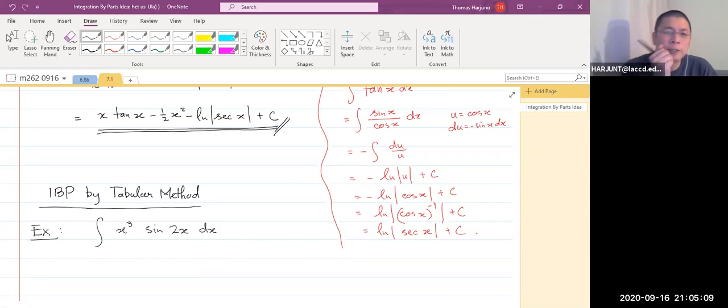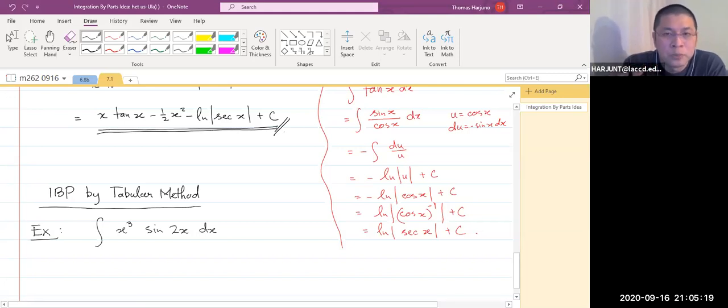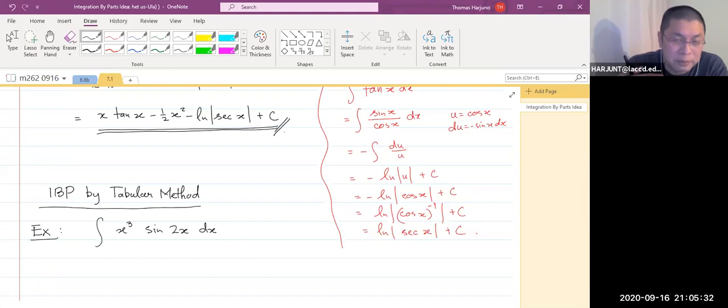I will do this, but in between, I will not do simplification. I will show you the long way, the previous way of doing that, without simplifying them, so that we can see the structures, and that will bring us to the tabular method. If this is what you want to do in your test, of course, simplify.